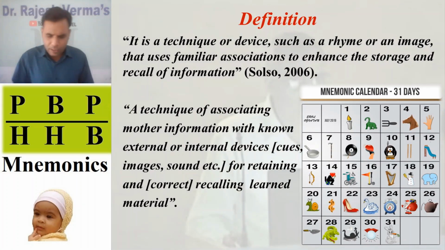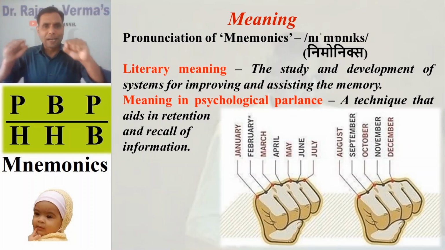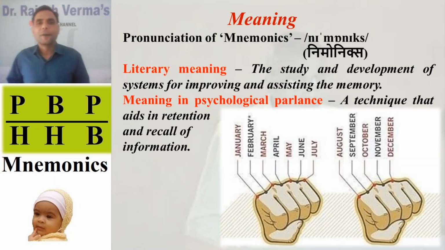In the previous slide, you might have seen that we use knuckles for memorizing the months of the calendar and which month contains how many days. Say Jan, if you start with the upper knuckle, this indicates 31 days. Jan, Feb, March, April, May, June, July.